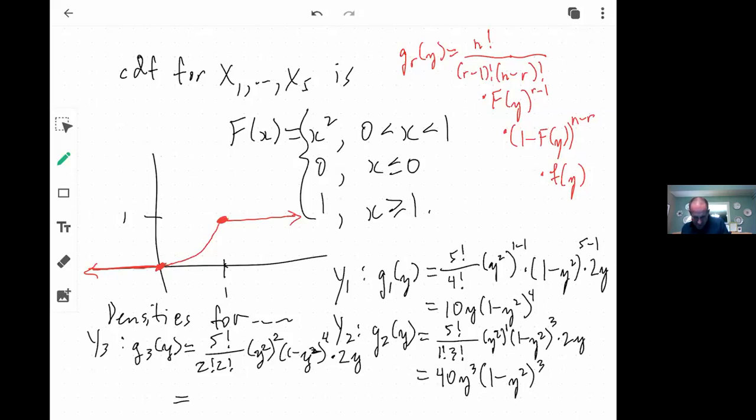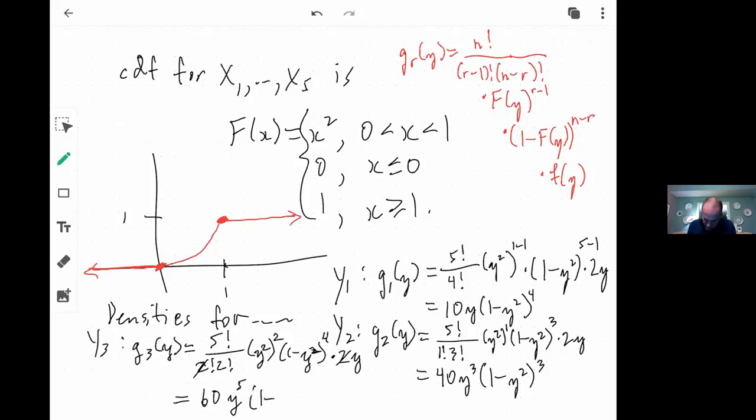Which is what? We get a 2 that cancels, and then another 2 cancels, so it's going to be 5 times 4 times 3, which is 60, y to the 4th power, and actually it's going to be y to the 5th power because of the y at the end as well.